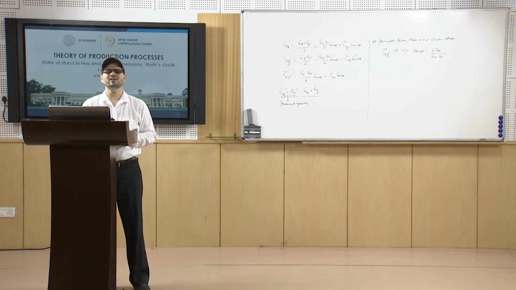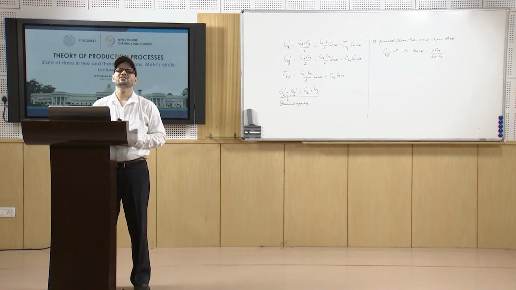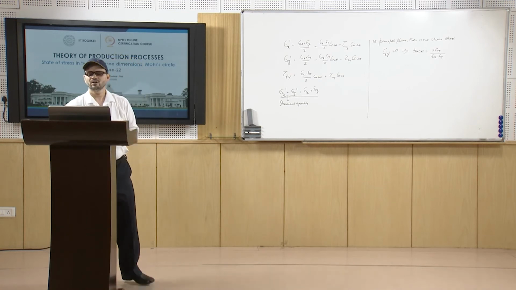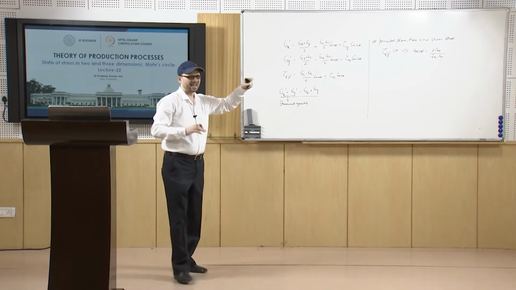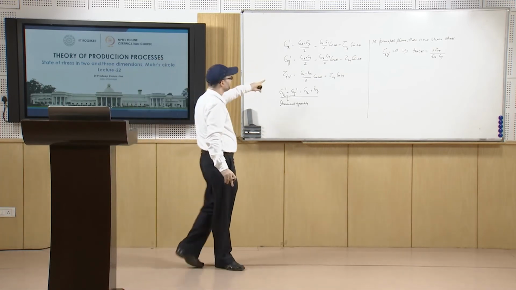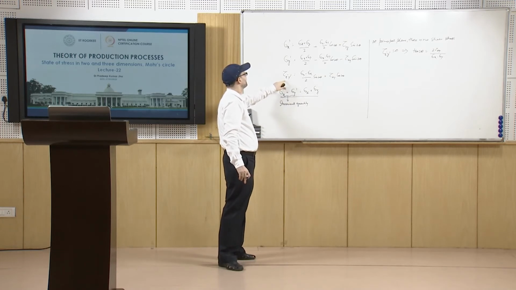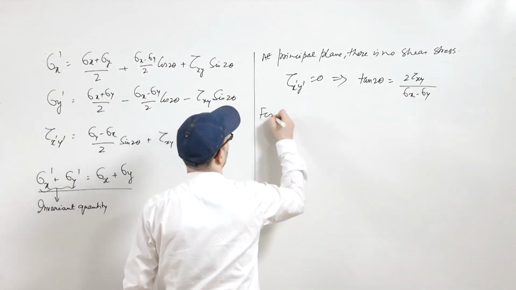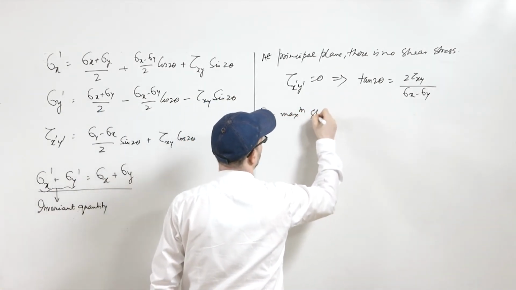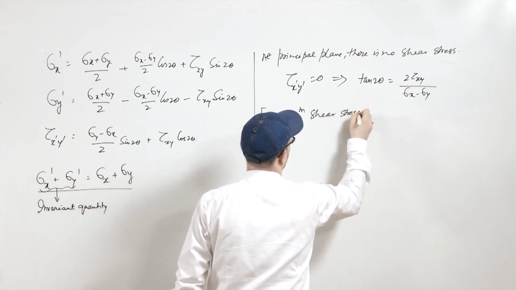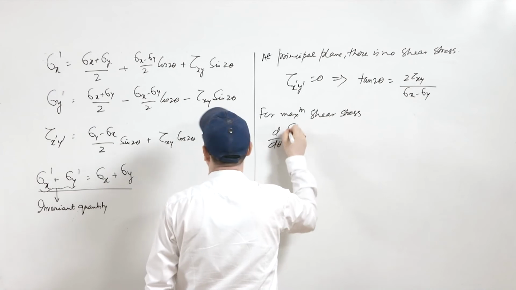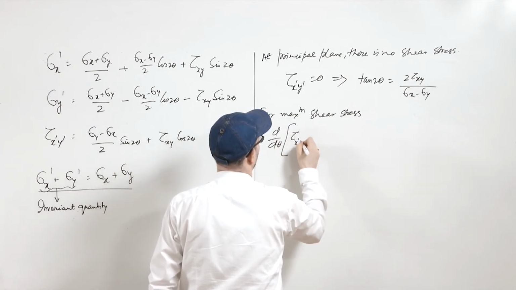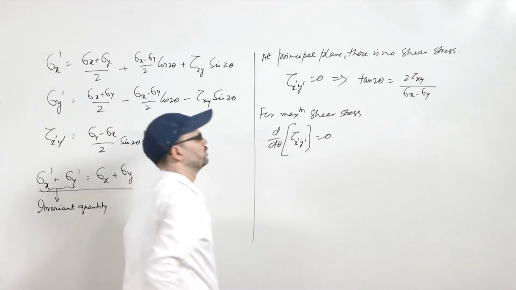Now, you can also find the planes where there is maximum shear stress. For getting the plane of maximum shear stress, you differentiate this expression with respect to theta, so the derivative of tau x prime y prime has to be equated to 0.